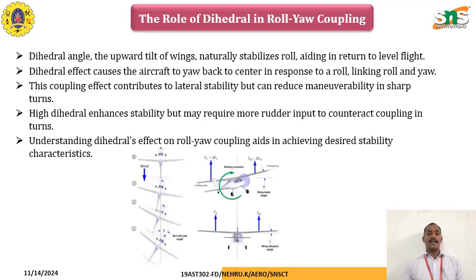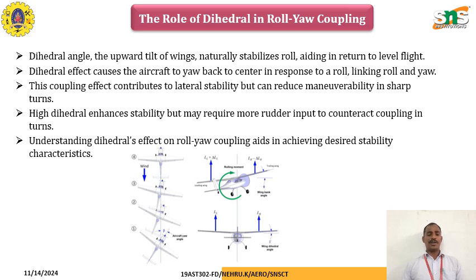The role of dihedral in roll yaw coupling: the dihedral angle, the upward tilt of the wings, naturally stabilizes rolling, which returns the aircraft to level flight. The dihedral effect causes the aircraft to yaw back to center in response to the roll, linking roll and yaw movement.